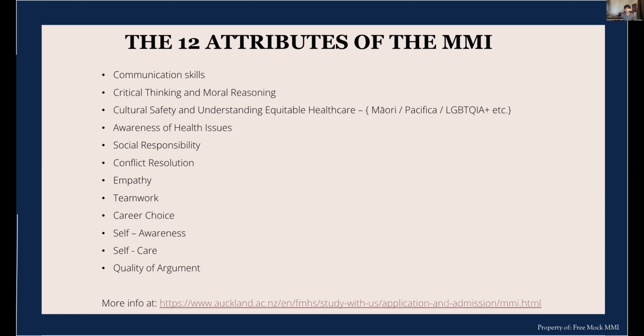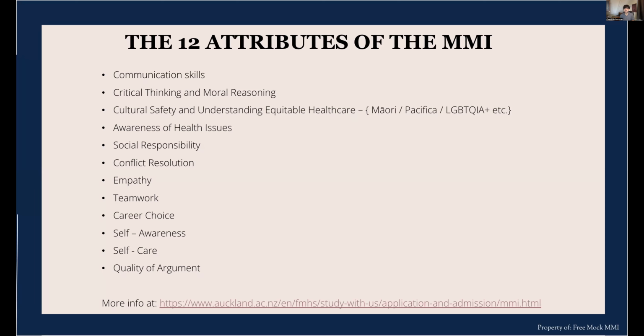So these are the 12 attributes that the MMI is designed to assess. So this is a bit different from scenarios. Attributes are sort of the skills that they want to see you having, whereas scenarios is sort of what the questions revolve around. So I'd really recommend you familiarize yourself with this list because it tells you exactly what the reviewers are looking for.